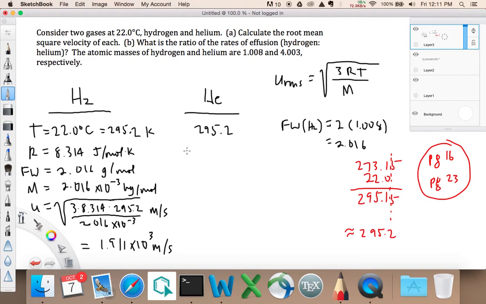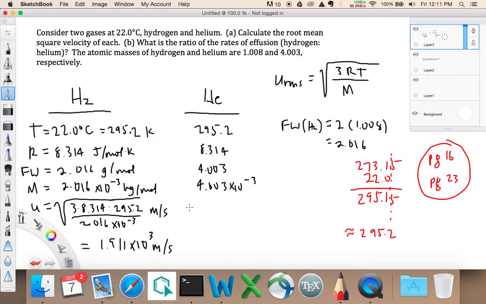All right, so over here it's something very similar: 8.314, 4.003. I don't multiply this one by 2 because it's not a diatomic molecule. And this is 4.003 times 10 to the negative 3 kilograms per mole.